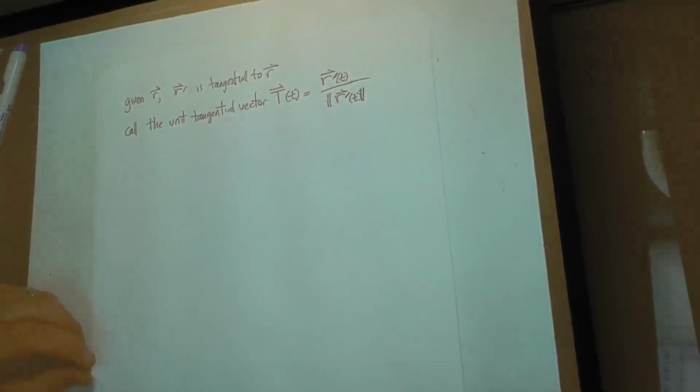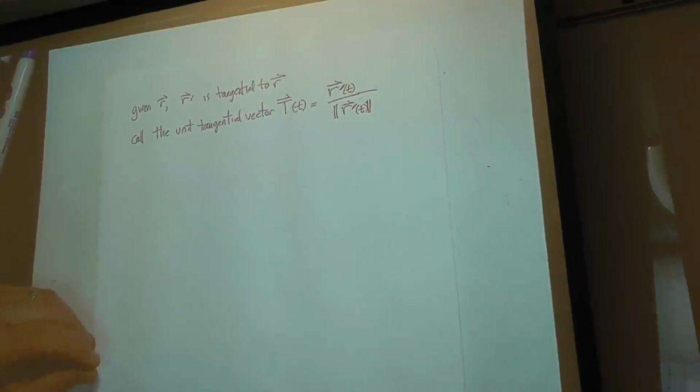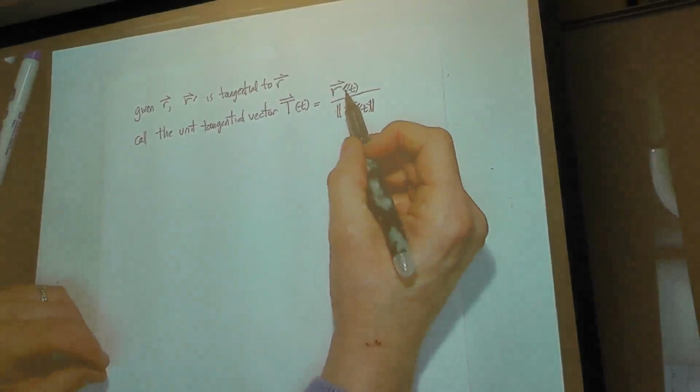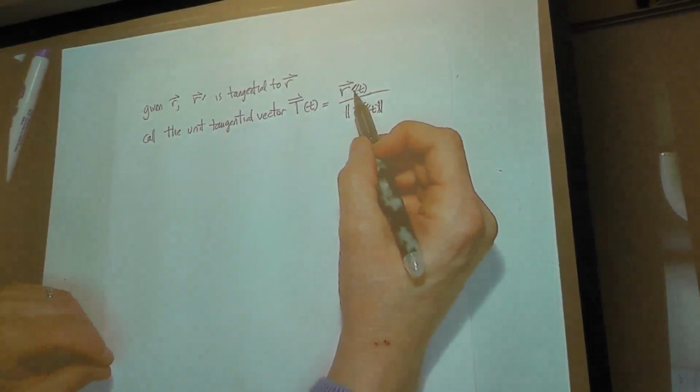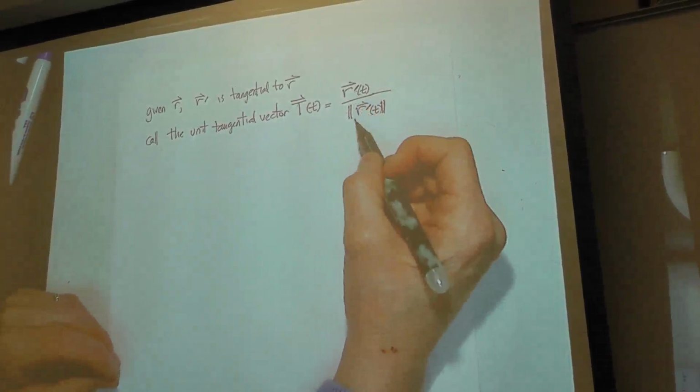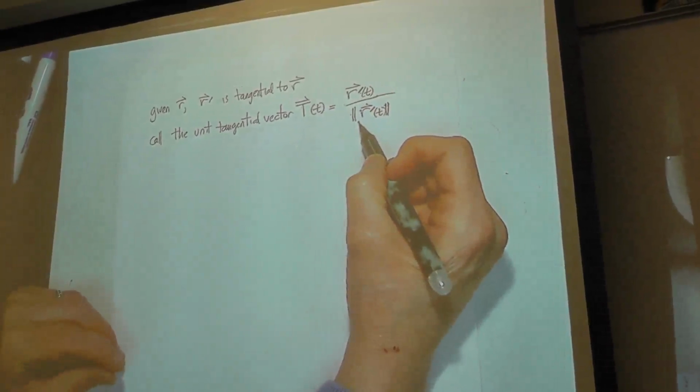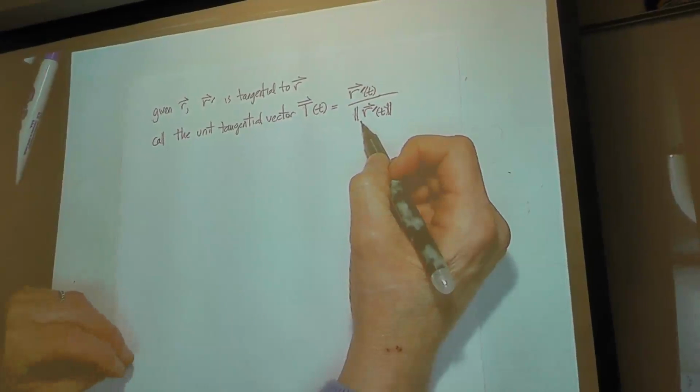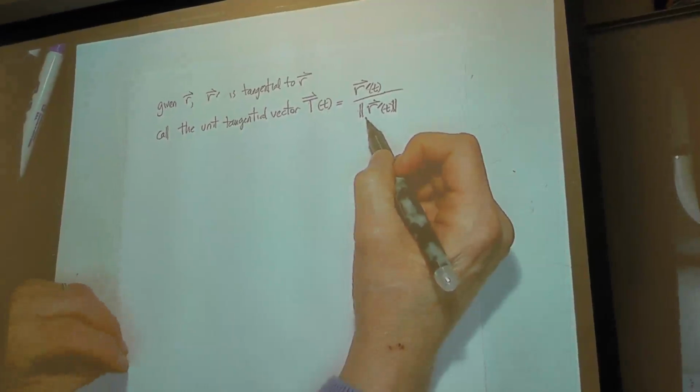So it's in the tangential direction to R because it's a multiple of R prime. And dividing R prime by its magnitude makes that vector a unit vector.